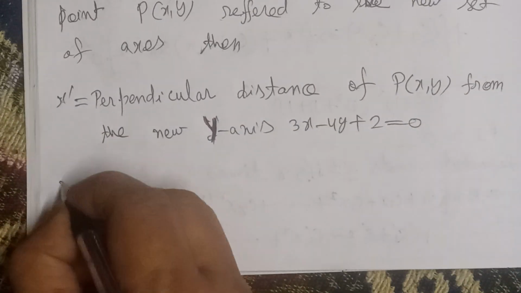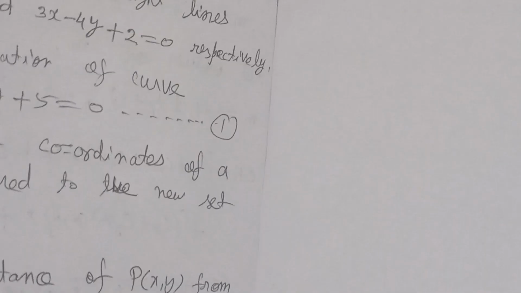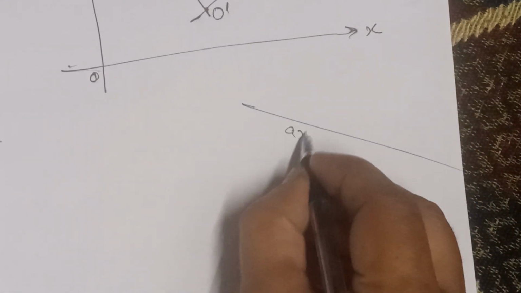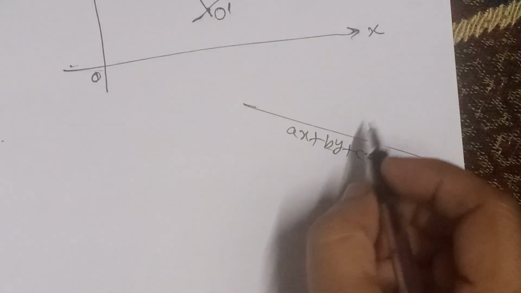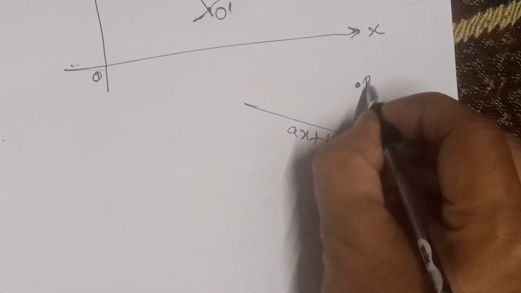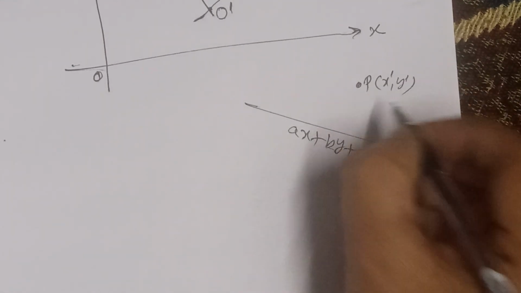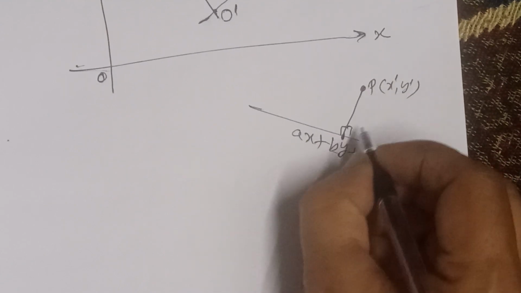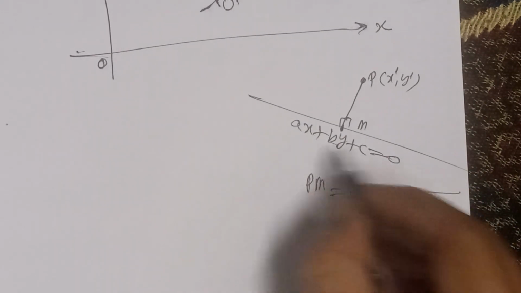We know that perpendicular distance from point to line is given by this formula. If this equation of line is ax plus by plus c is equal to 0, here c is positive, and distance from this point P, this point I write x dash y dash. So this distance I write this point as M. So PM is given by this formula.